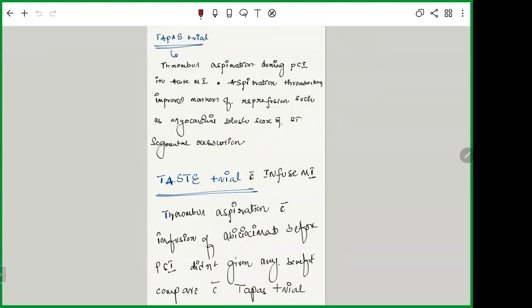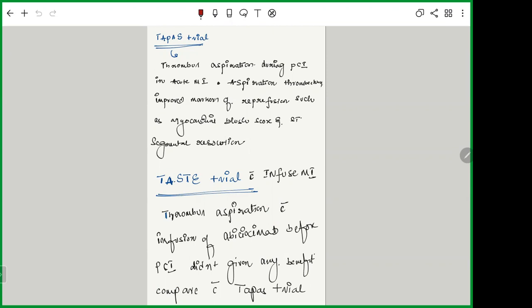Next is TAPAS. Thrombus aspiration. Among all thrombus aspiration trials, TAPAS is the only positive trial. TASTE and INFUSE-MI, when compared to TAPAS, are inferior trials. Thrombus aspiration during PCI in acute MI improved the markers of reperfusion such as myocardial blush score and ST segment resolution. But with the same randomized control, they extended this data and compared the TASTE with the INFUSE-MI trial.